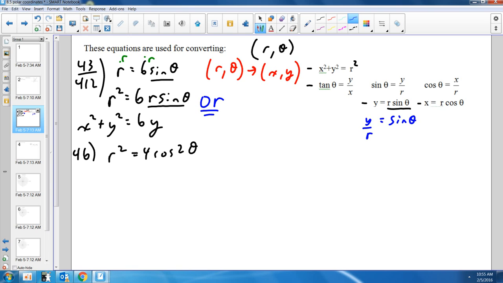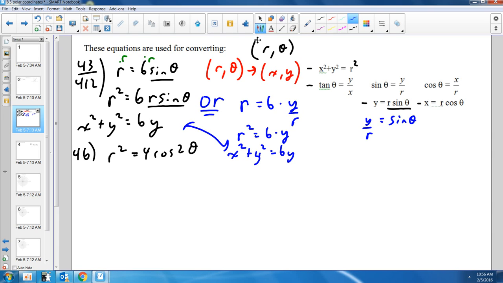So in this one, I can say r is equal to 6 times y over r by using this equation instead of the one up above it. Then you could multiply both sides by r, and you could do that substitution here and get the same thing that you got over here. So there are a couple ways of thinking about it. My preference would probably be the way that I did it first.